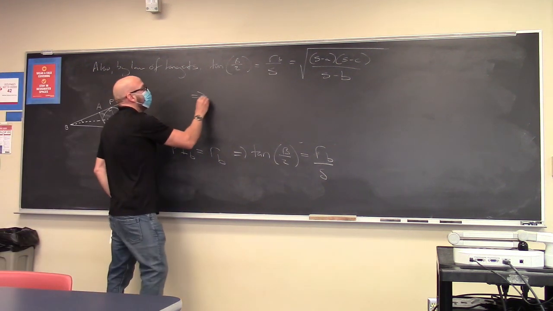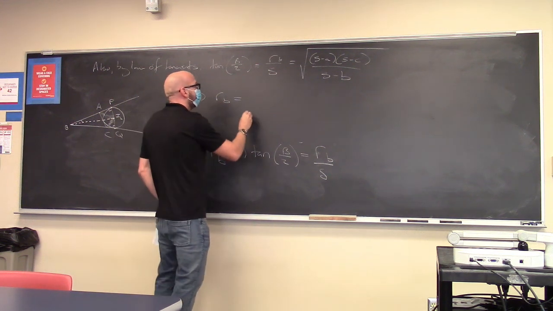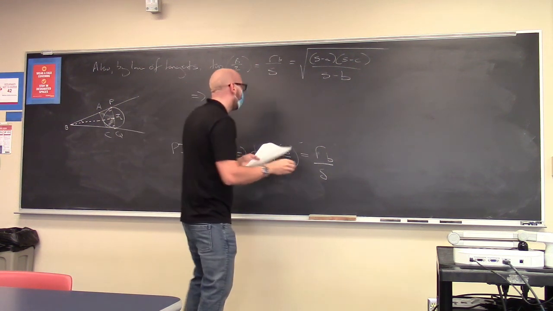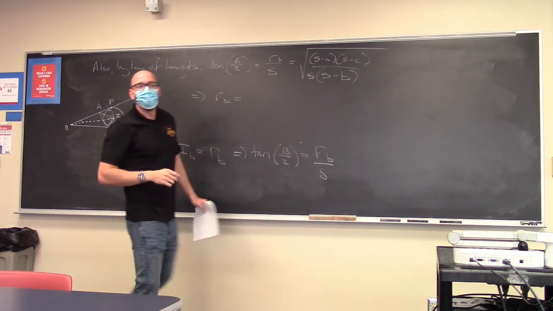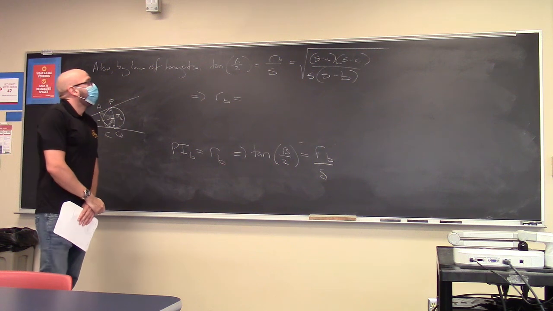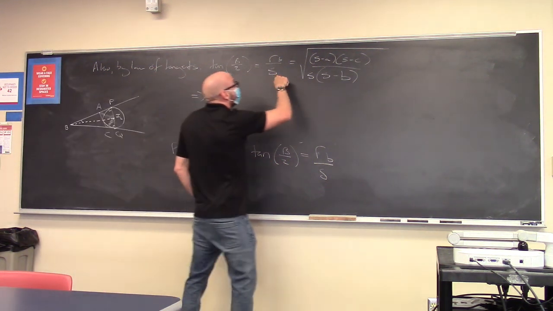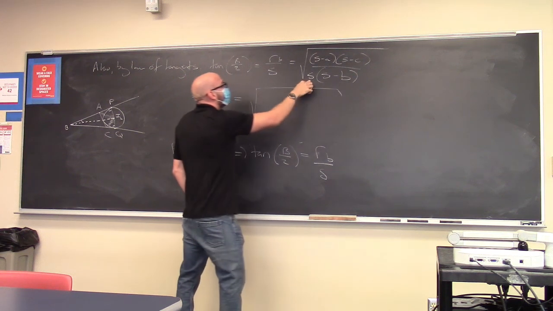Okay, so this means that r sub b is going to be, I need an extra s in here, s times (s minus b). Sorry about that. So multiply both sides by s, bring the s inside the square root as an s squared, and one of those cancels with one on the bottom.